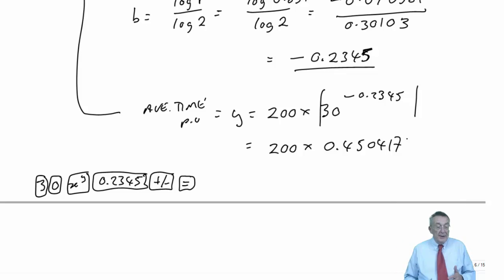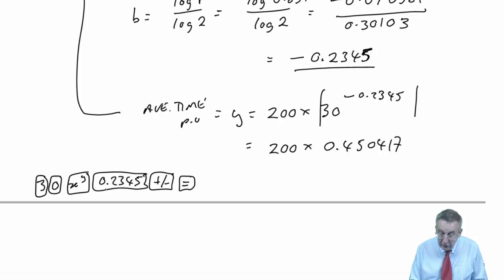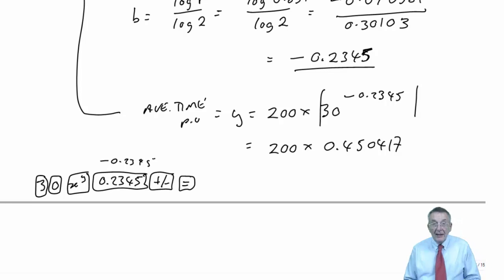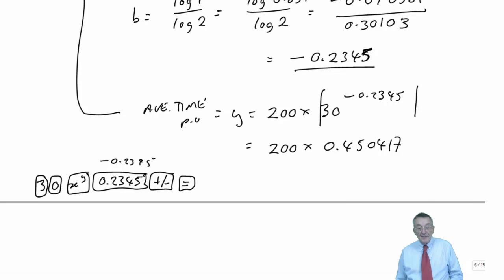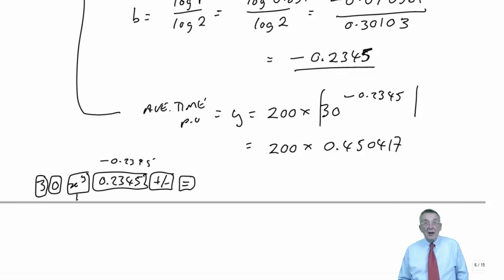Now I say, depending on which logic your calculator uses, yours may be different buttons, so be careful. The reason I've typed 0.2345 and then use the plus minus button to make it negative is that if you type in minus 0.2345, then on my calculator, that supersedes the x to the power y.